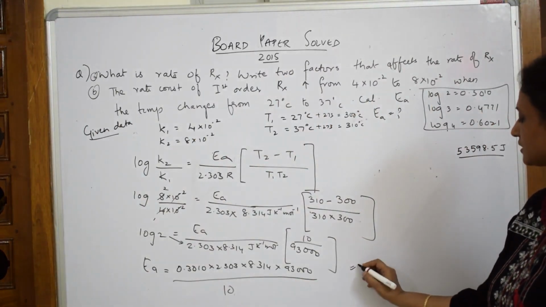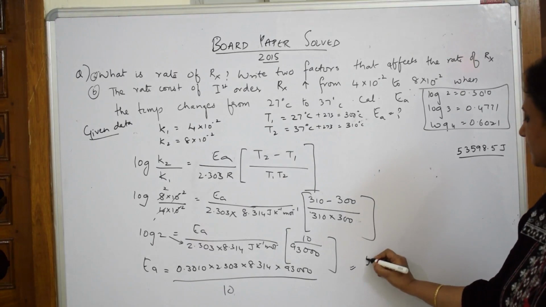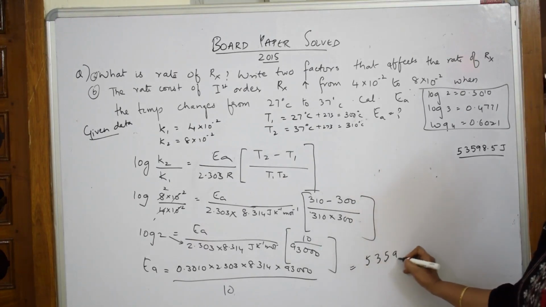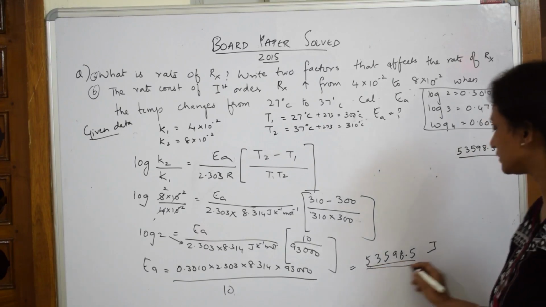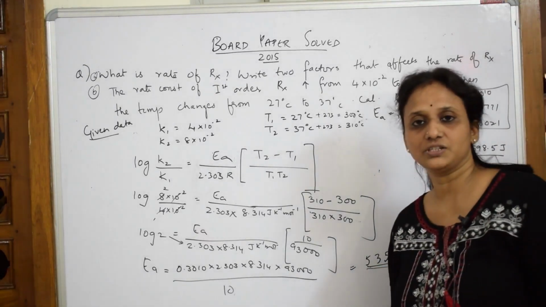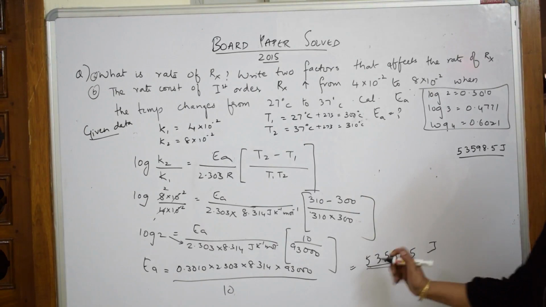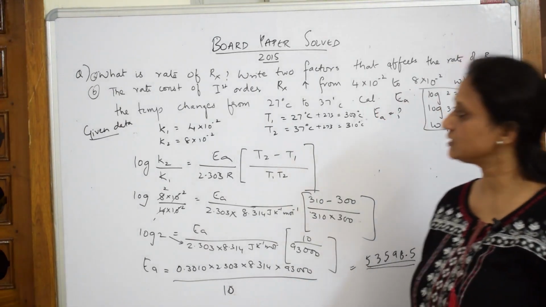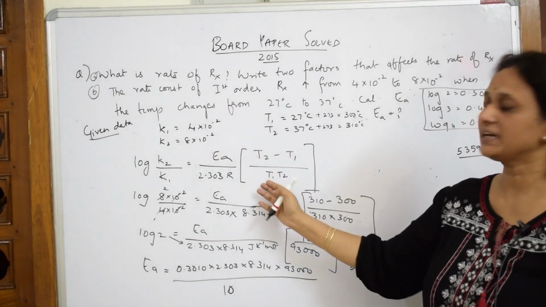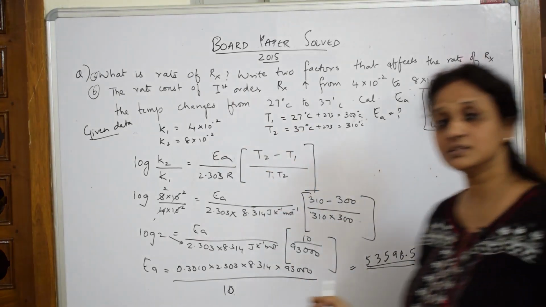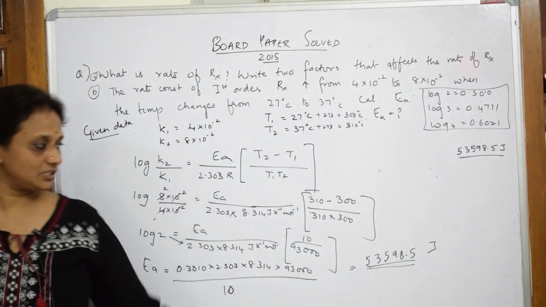When I solve this, I get an answer of 53598.5 joules, because this is your unit for activation energy, EA, energy of activation. That's your unit, so please note it. Simple. Write the given data, apply it in the formula, and finally you get an answer for EA, that is activation energy measured in joules.